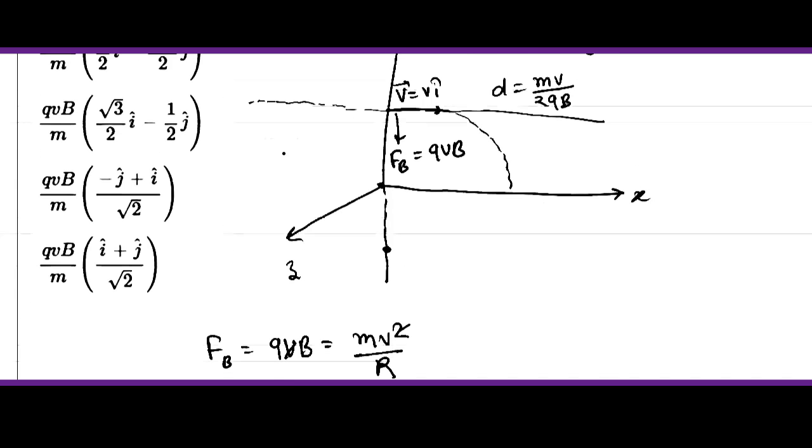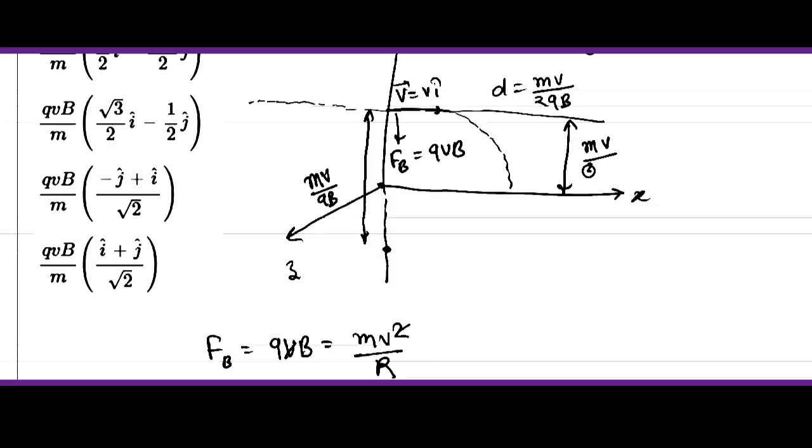So from this point, this distance will be mv by qB, and it is given in the question that this distance is mv by 2qB, right? Okay, so it will be a circular motion from here to here, right?